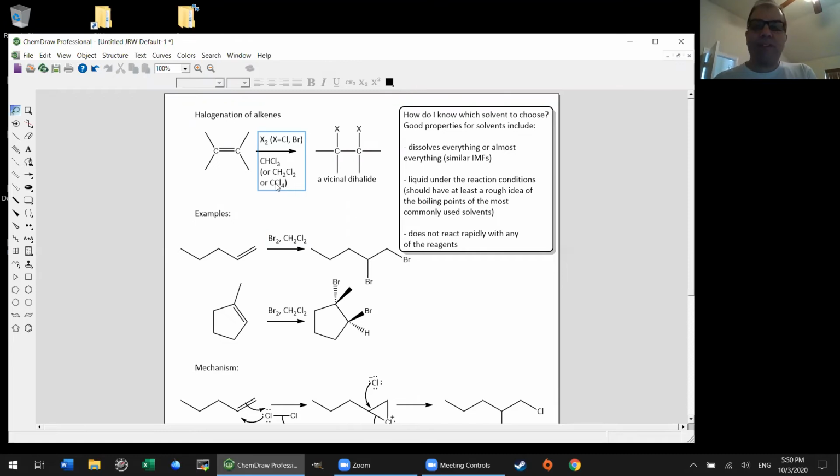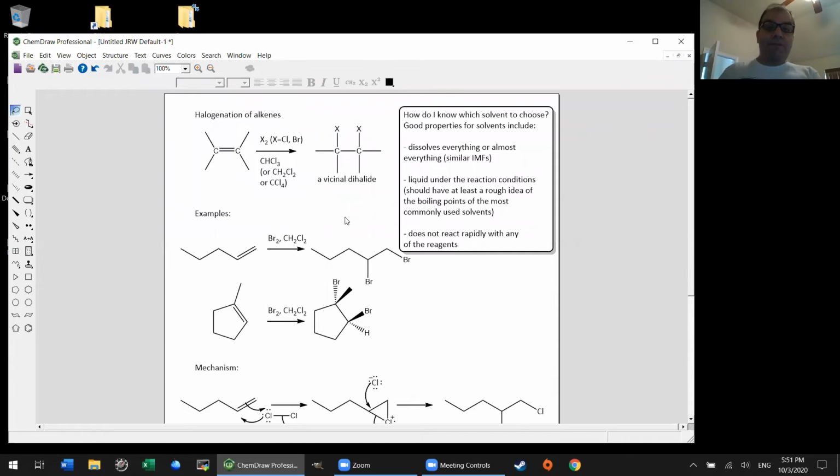Yes, there are things that will react with them. We'll learn about them later. But there's certainly nothing here that's going to react with an alkyl halide. You need something a lot more reactive than either an elemental halogen or an alkene. Certain organometallic reagents, maybe, but these guys, no. So that's what makes these a good solvent choice.